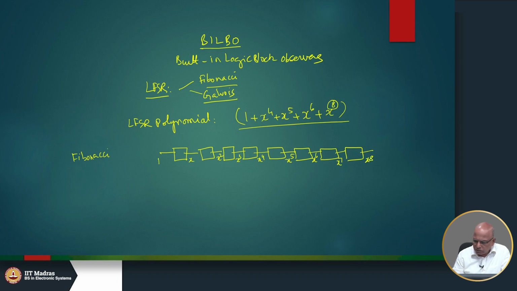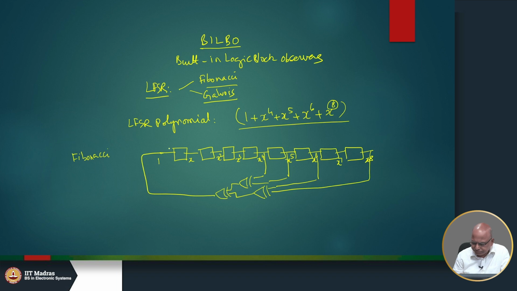And recall that the taps we are looking at are x power 4, x power 5, x power 6 and x power 8. And we build either a 4-input XOR, or we can also build something like this, and we connect it back to this.